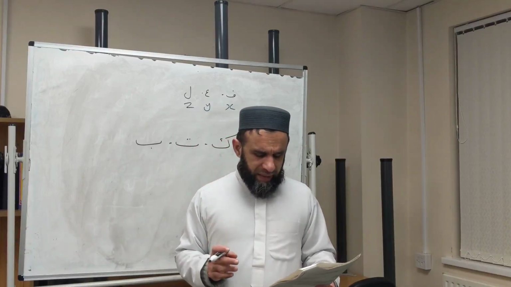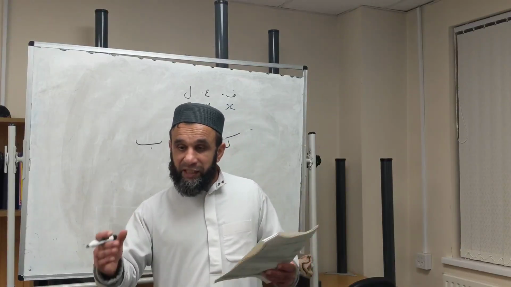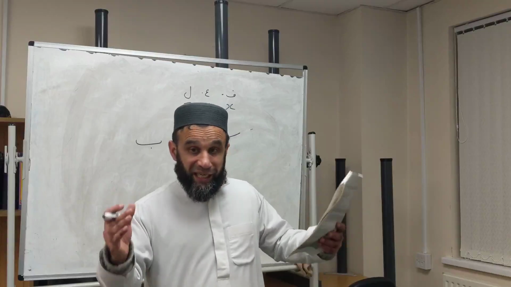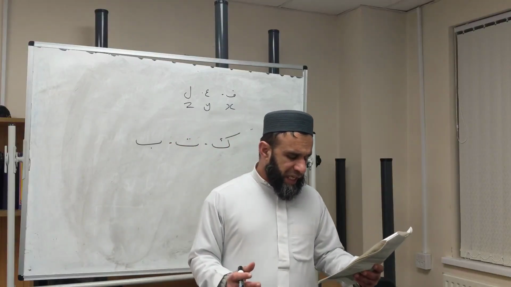Kattaba, right? Then you can see kataba, it means he exchanged a contract with someone. Kataba, yani he exchanged a written contract, right? Then is takataba, it means he exchanged or established a written contract, for example, right?